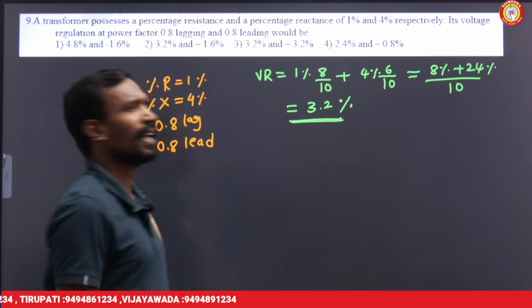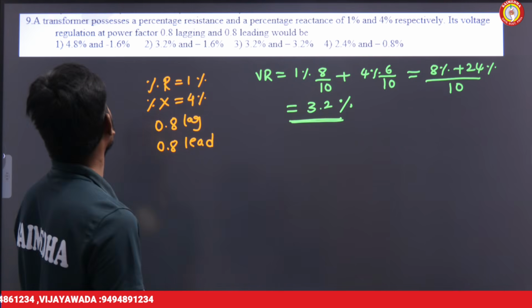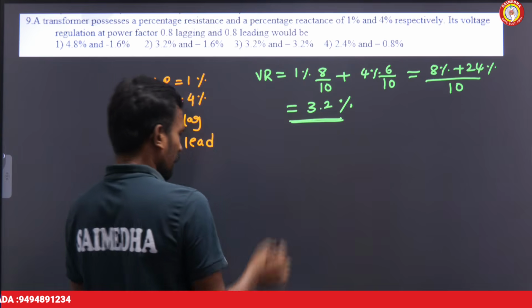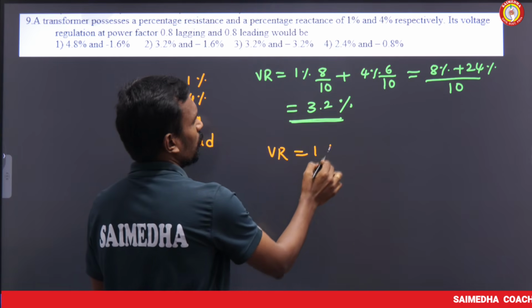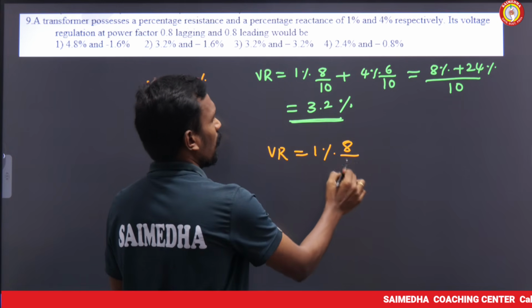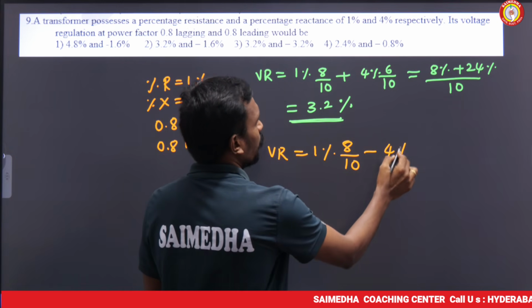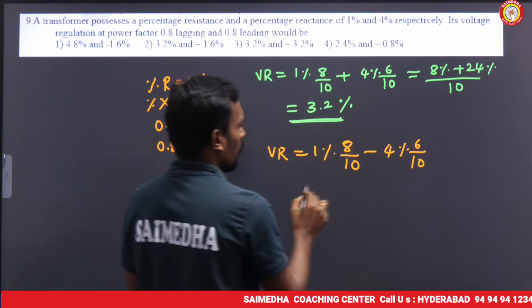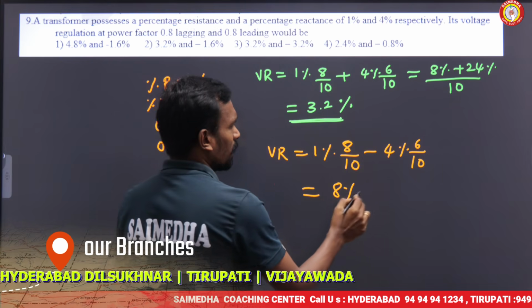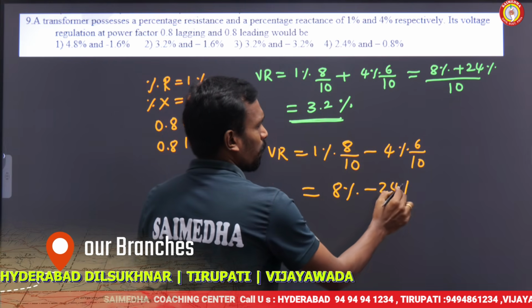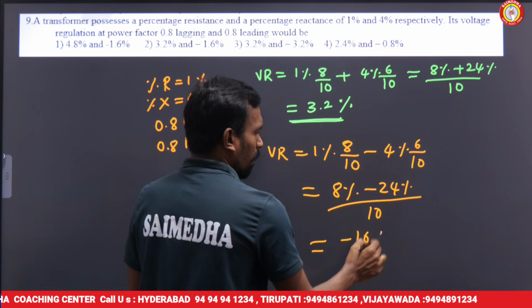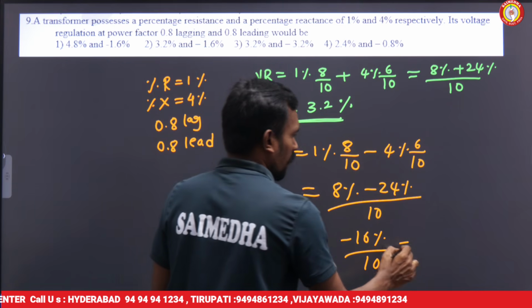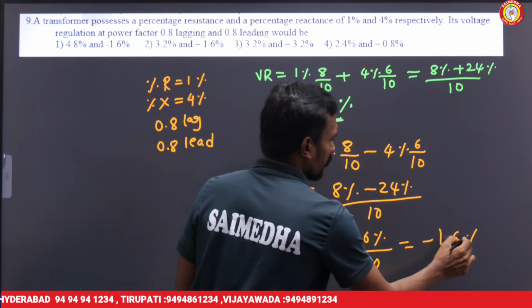For lagging, its value will be 3.2%. For leading, voltage regulation is equal to percentage R into cos phi minus percentage X into sin phi, which is equal to 0.8% minus 2.4%, which is minus 1.6%.